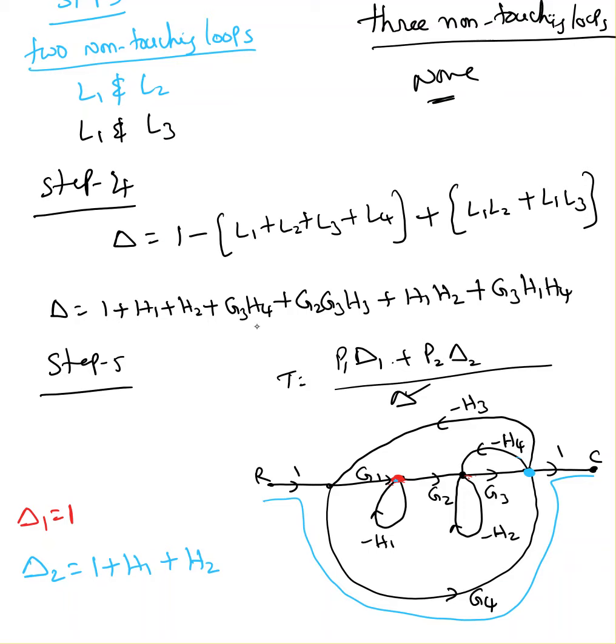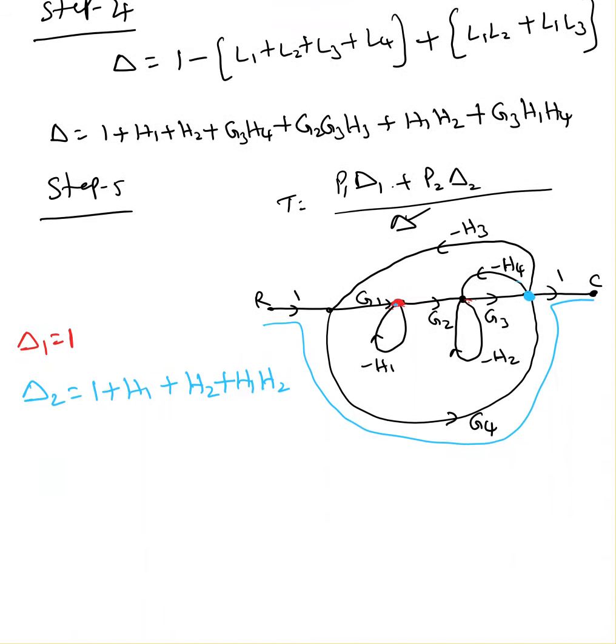And Z2 Z3 H3, they're touching at that node, do not include that. H1 H2, they are not touching that path, so for sure I'm going to include that. Z3 H1 H4, they're touching at that node, so do not include that. That's our delta 2.